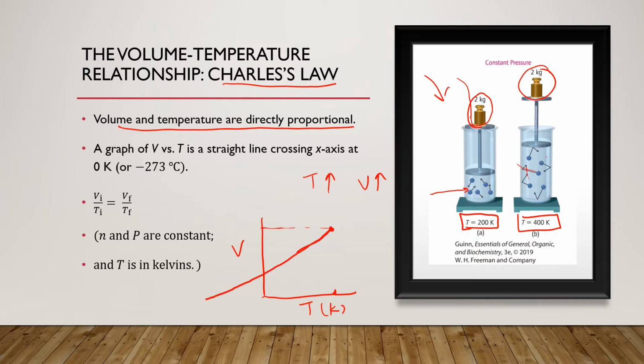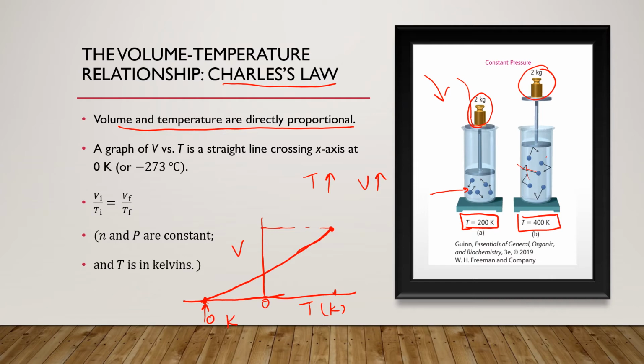And at some point, the volume line crosses the x-axis. The temperature where the volume line crosses the x-axis is 0 Kelvin. So 0 Kelvin is the temperature at which the volume of any gas becomes 0.